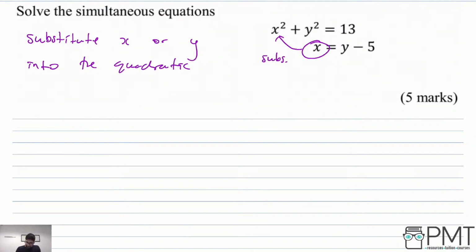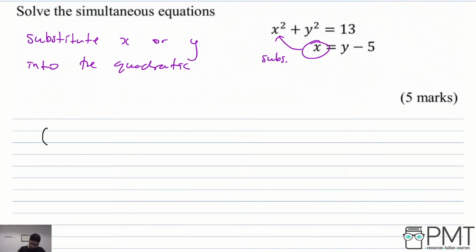Right, let's do this. I'm going to substitute x into the first one. So that means wherever I see an x, and in this question it's just appearing once, there is no coefficient, but it's always the same, I'm going to place y minus 5.